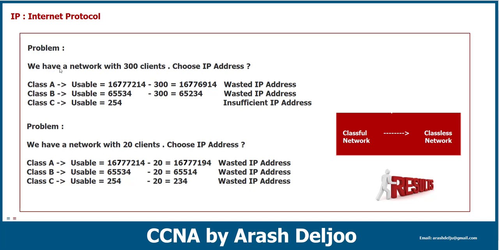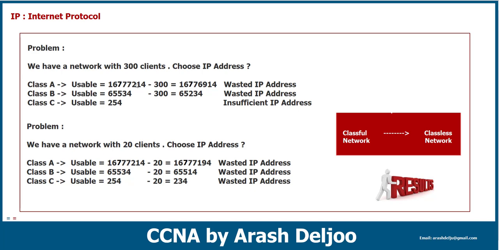We have a network with 300 clients. Choose an IP address, meaning please choose one class of IP address. You know that in class A, in each network we have this amount of IP addresses. I showed you that 2 to the power of 24 minus 2 equals this value.